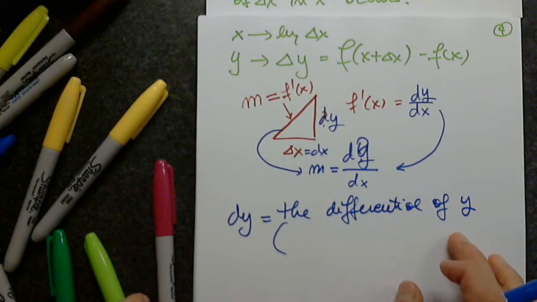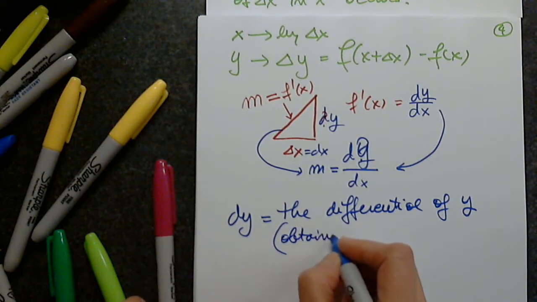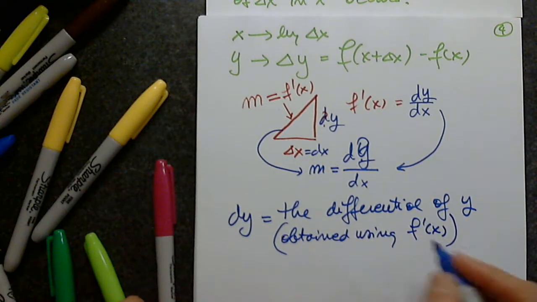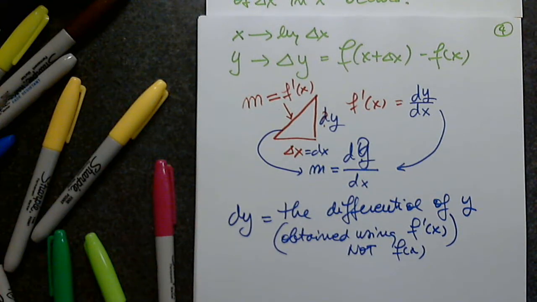The differential of y, in parentheses for us to remember, is obtained using f prime, not f of x. In order to determine the exact difference, I use f of x.